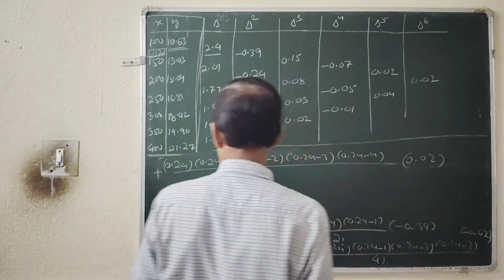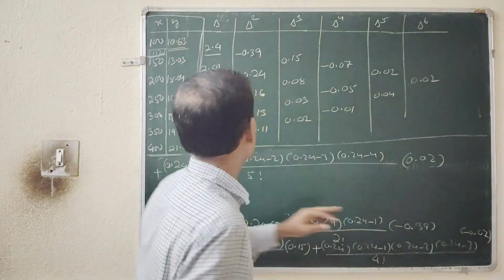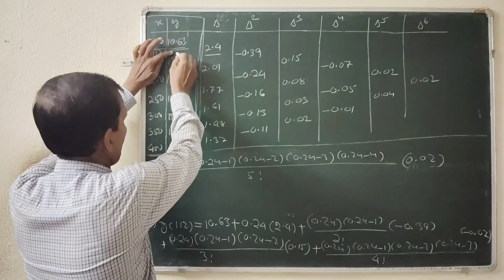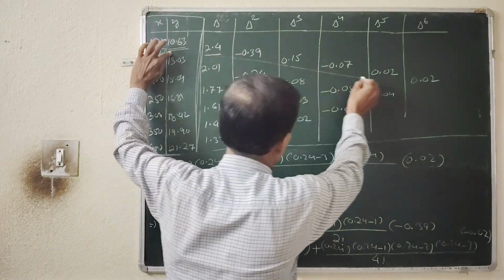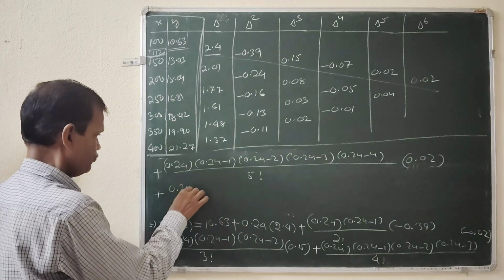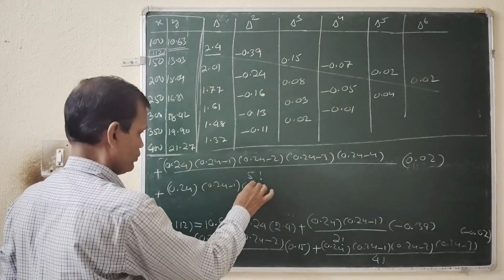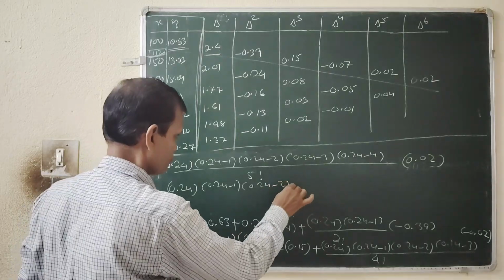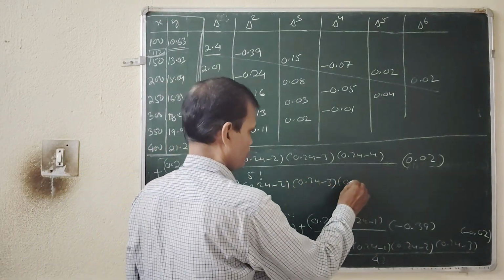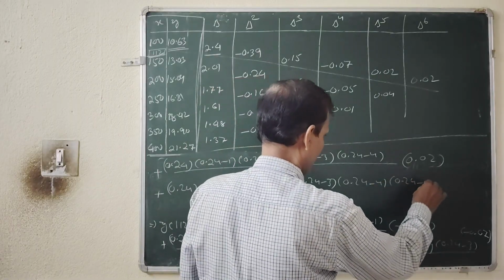Then plus, you will write up to the last data, because we have to proceed in this manner. That is 0.24 into (0.24 minus 1) into (0.24 minus 2) into (0.24 minus 3) into (0.24 minus 4) into (0.24 minus 5).